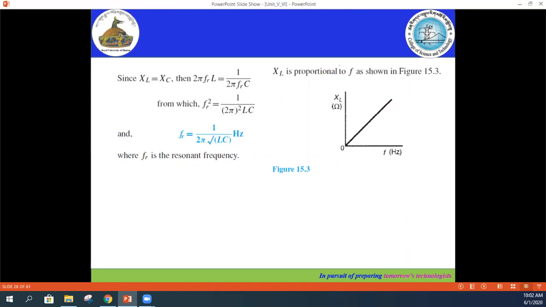So if you increase the F, your XL will also increase. And if you reduce the F, your XL will also reduce. So this is the XL. Here we can see that XL is proportional to F.